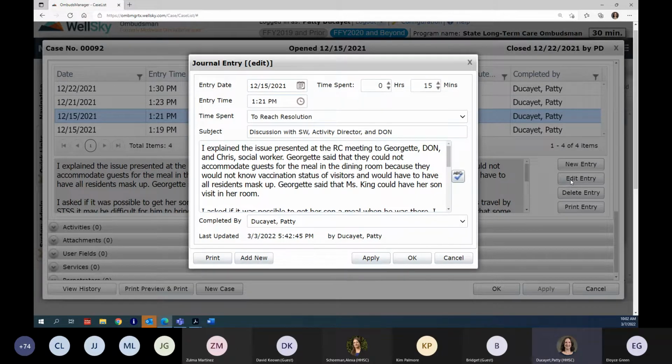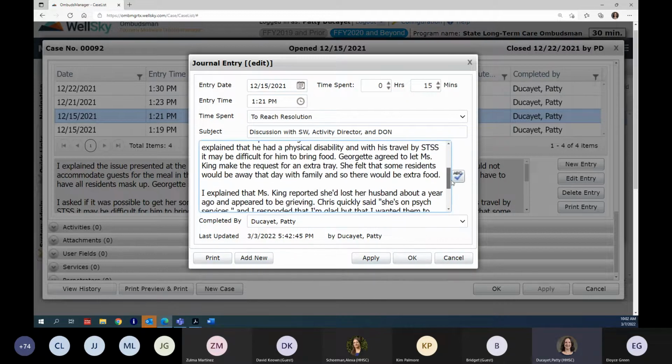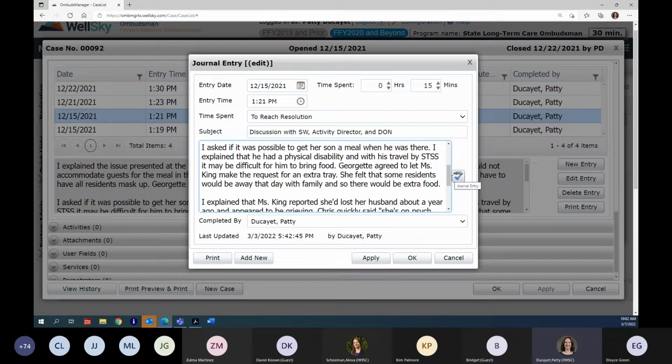And here's where I found out what the requirement was, where I could state any concerns about what the facility policy was, and the DON, the director of nursing, Georgette, explaining that they could in fact have a visitor, but it would need to be visiting in the resident's room due to, at this time, COVID status and vaccination status being unknown. So this is a couple of months ago, and things are always changing in terms of CDC policies.